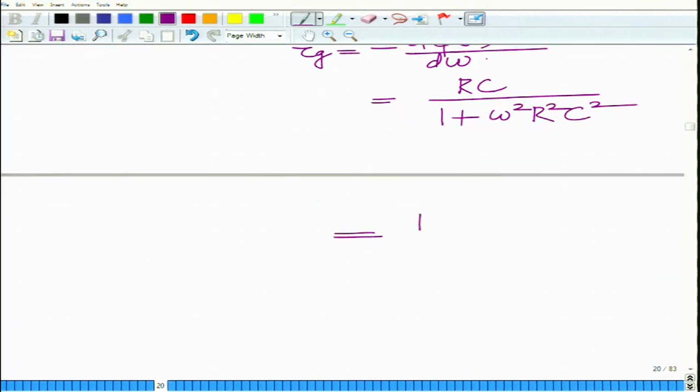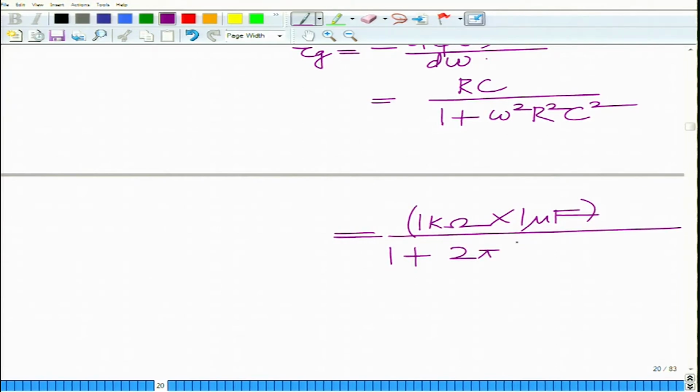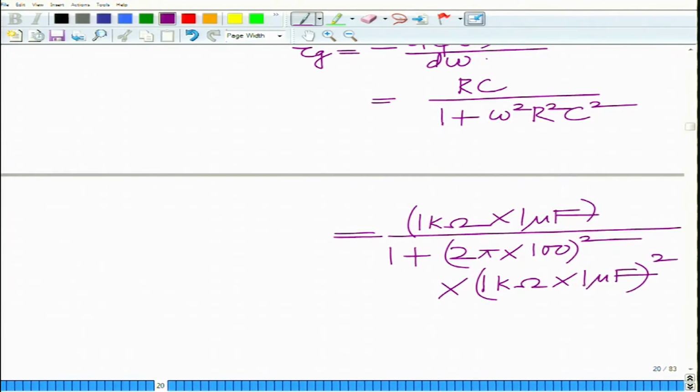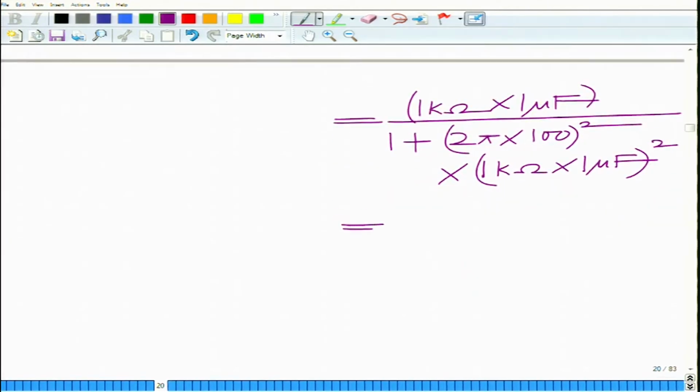Now substitute the values: 1 kilo ohm into 1 microfarad, divided by 1 plus, with frequency given as 100 hertz, omega equals 2 pi into 100, squared, into (1 kilo ohm)squared into (1 microfarad)squared. That evaluates to basically 0.717 milliseconds.